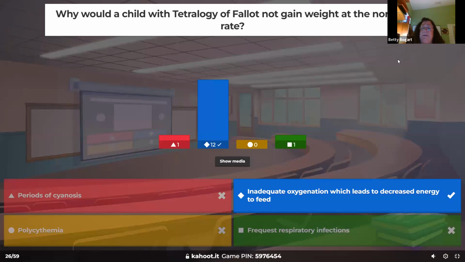And it's going to be decreased energy, their tachypnea, tachycardia, they're burning their calories and they're not eating, and you're going to have poor weight gain. Many of these children are down in the 20th percentile of weight just because of the amount of energy it takes for their heart to work. Not all of them are fixed immediately at birth. Some are a little bit later, depending on the child, okay? Most of them are, but some of them aren't.